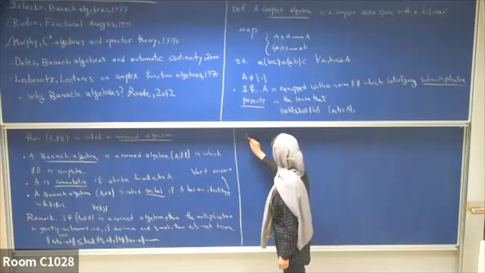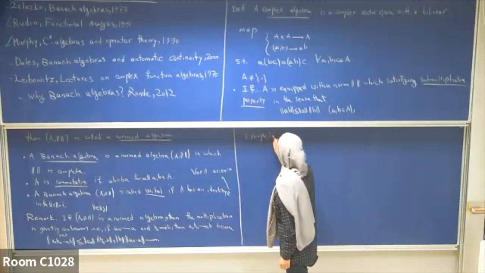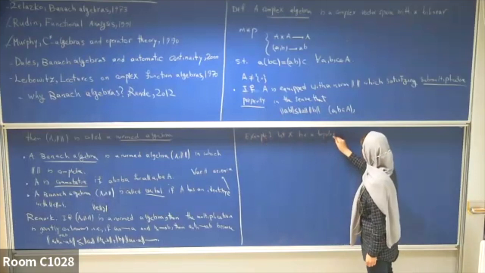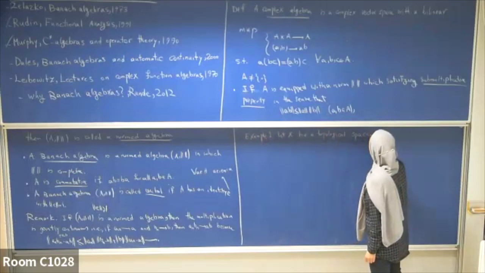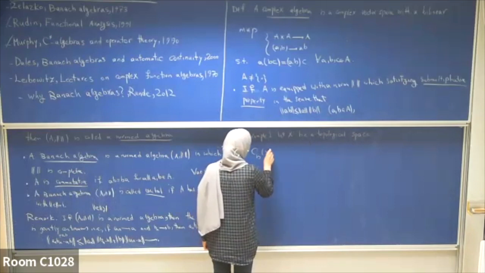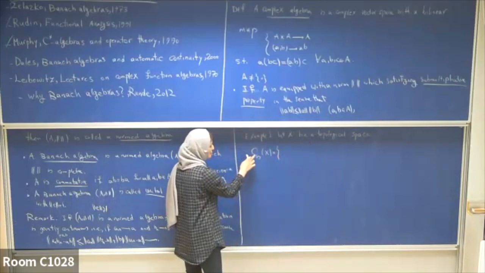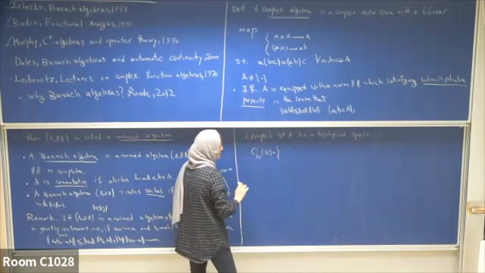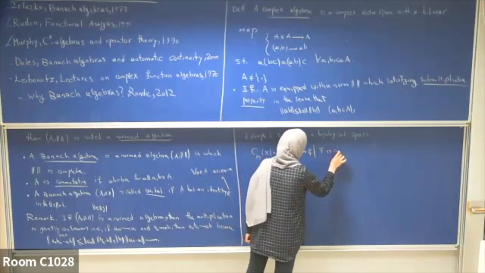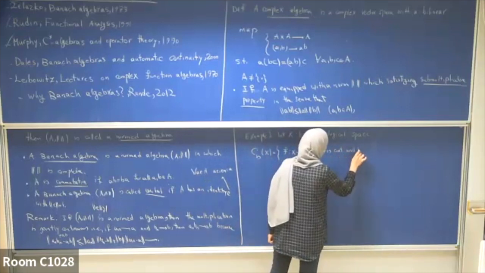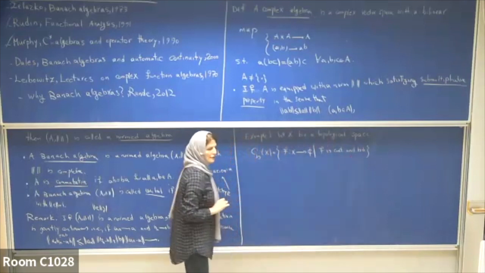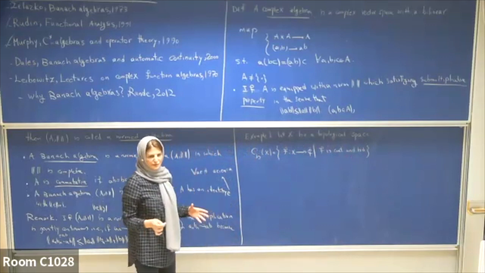The first one: let X be a topological space, and C_B(X) is the space of all continuous, bounded, complex valued functions on X. So f from X to C such that f is continuous and bounded, with pointwise operations, I mean the usual operations between functions.